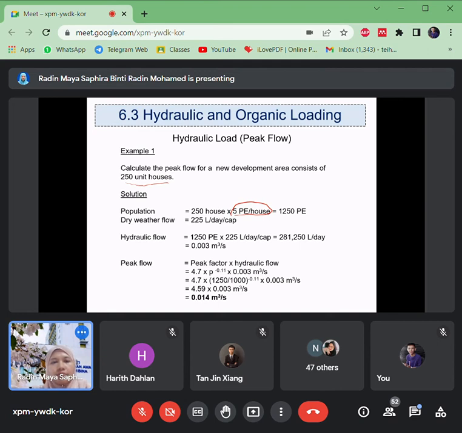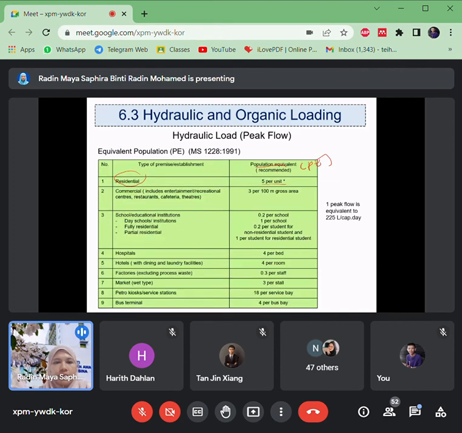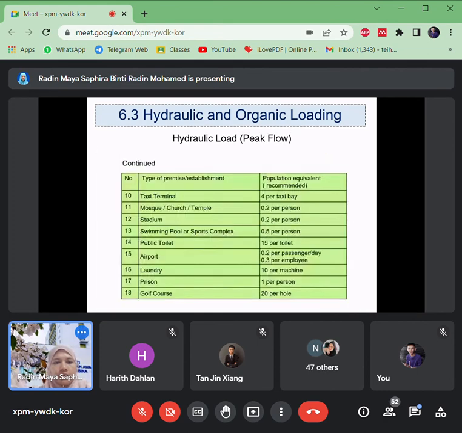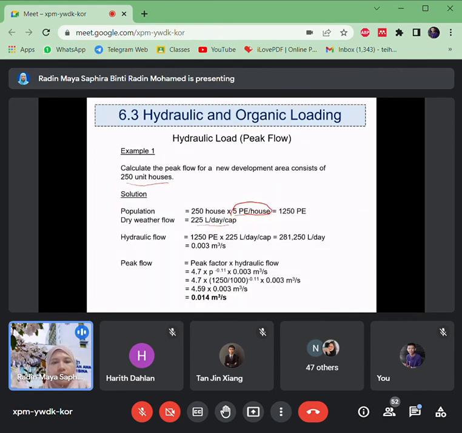Okay, dry weather flow, this is from the guideline. It is given as 3 to 5 liters per day per capita according to Malaysian weather. So this is given. Hydraulic flow is 1250 PE times 2 to 5 liters per day per capita. This is the water flow we assume for one day.